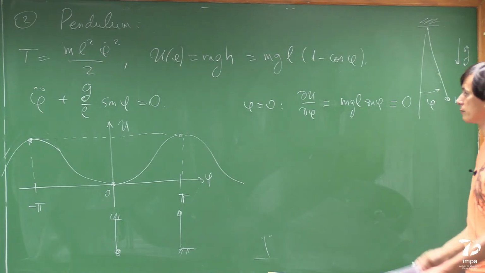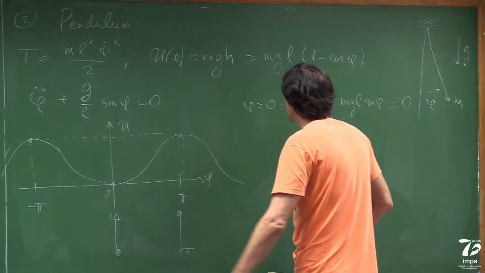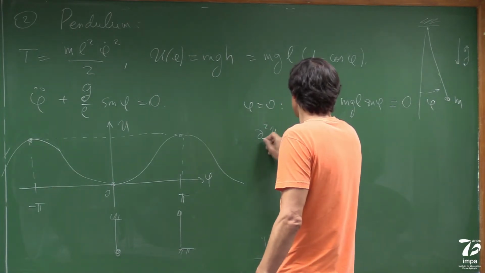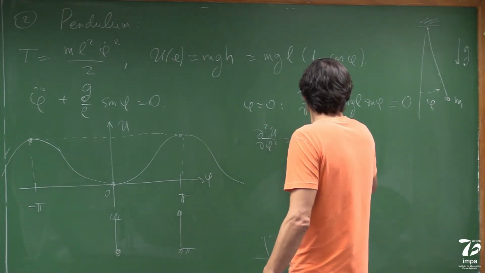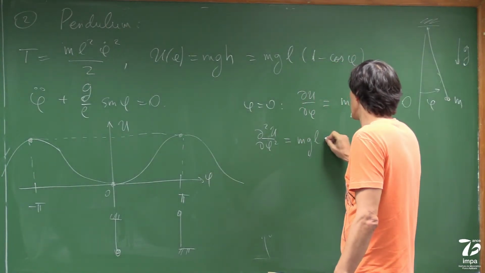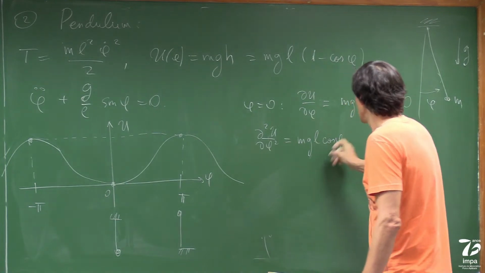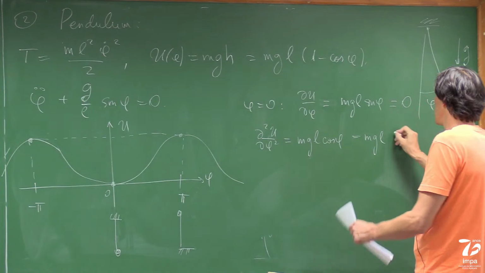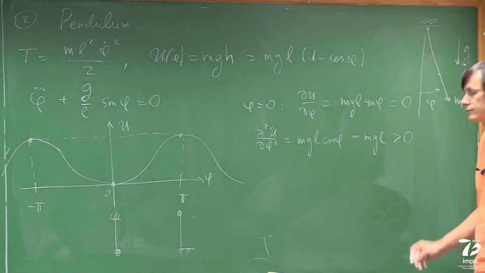So it's equilibrium, the vertical position equilibrium. And the second derivative, so you can differentiate again. It will be mgl cosine phi, which is positive. So it's a stable situation.